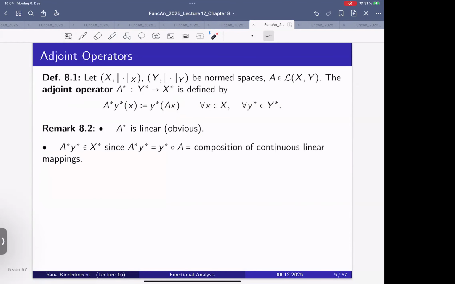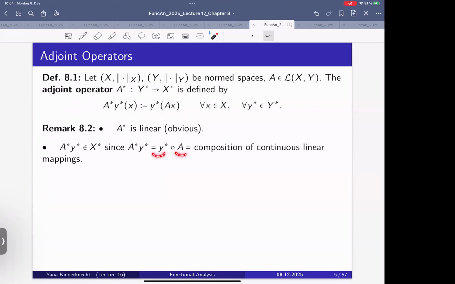Second, let us check that this formula really gives a mapping from Y star to X star. The statement is that this object is indeed not only linear but a continuous functional on X, because what this formula means is nothing else but a composition of A and Y star.